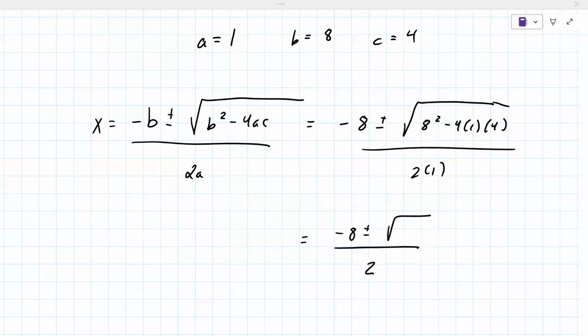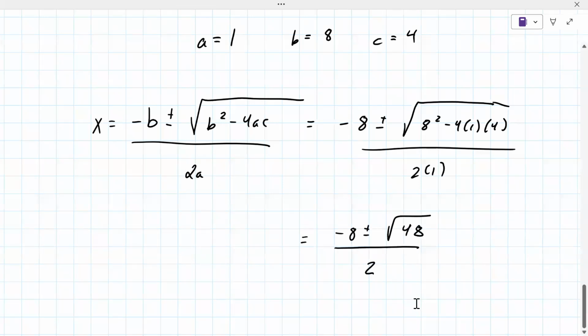No, that's not parentheses. Okay, 48. That's what I got when I put the numbers in.